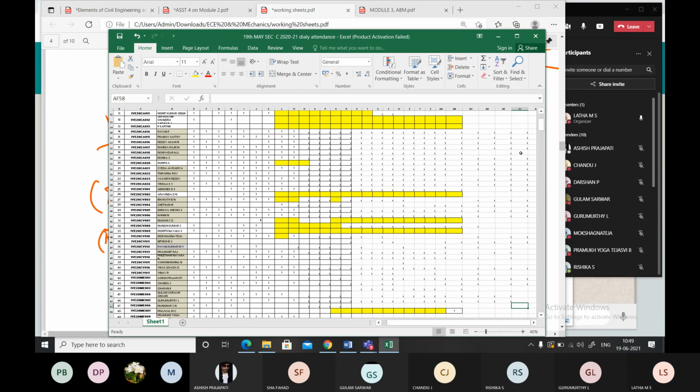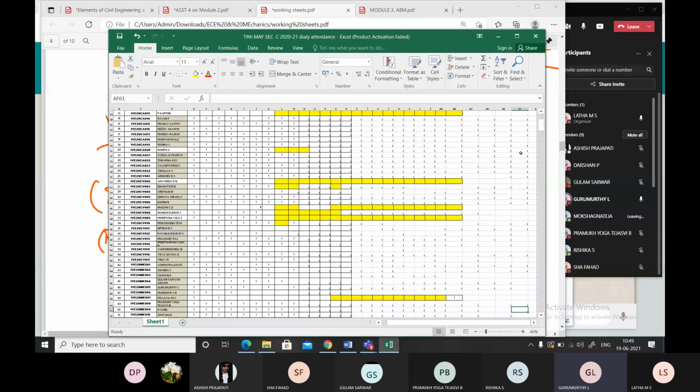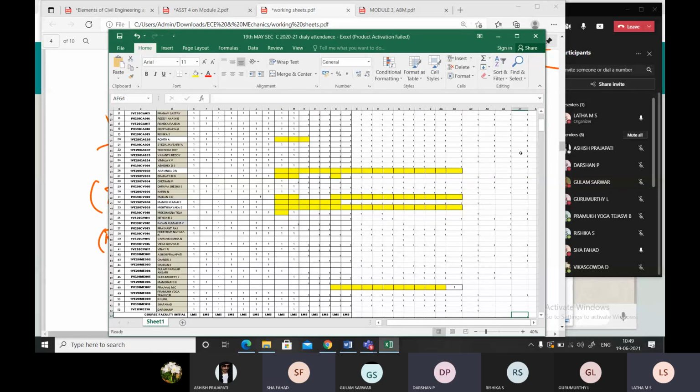Prajwal, present, ma'am. Gurumurthy present, ma'am. Sunil, one second. Darshan, present. Shafat is also present, ma'am.